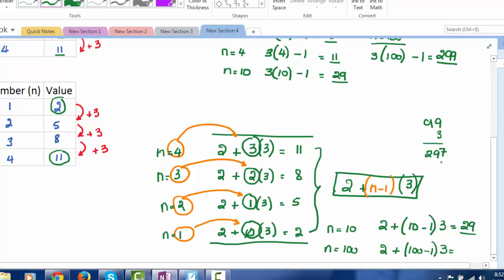I have to take this number and add 2. That means 299 again. So this algebraic expression is working fine.